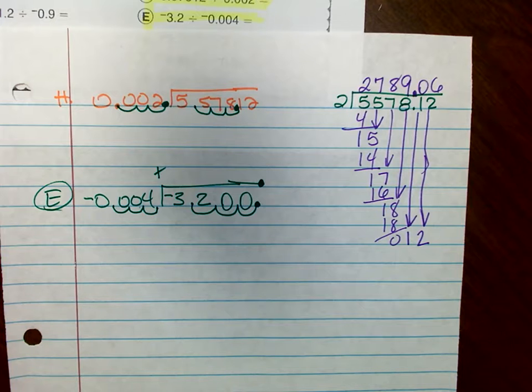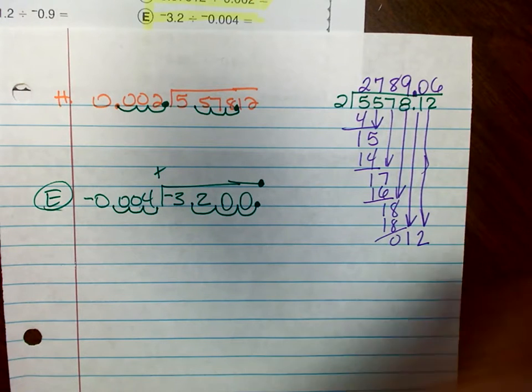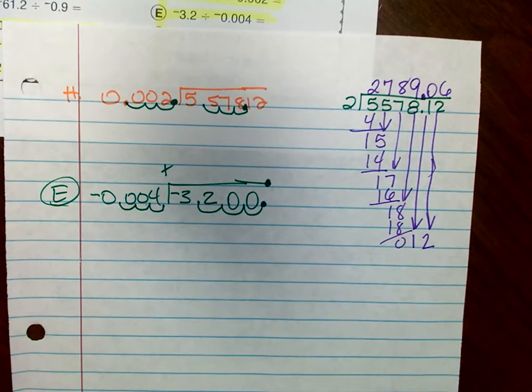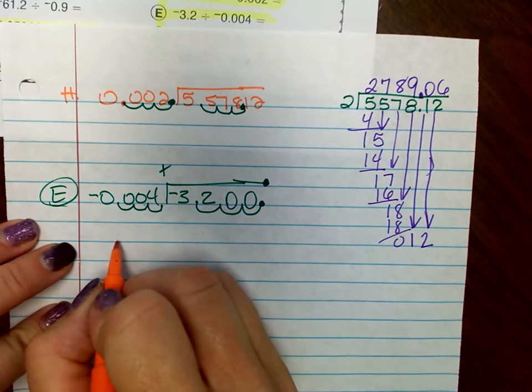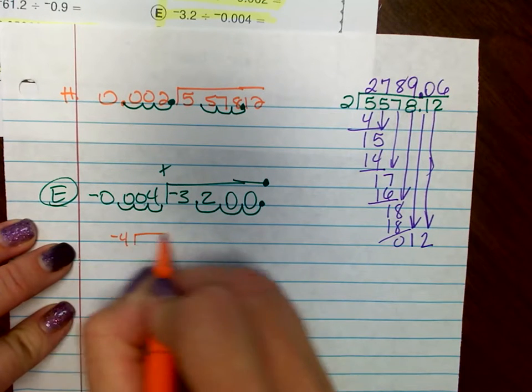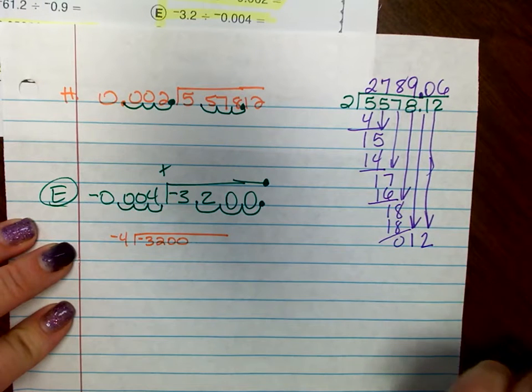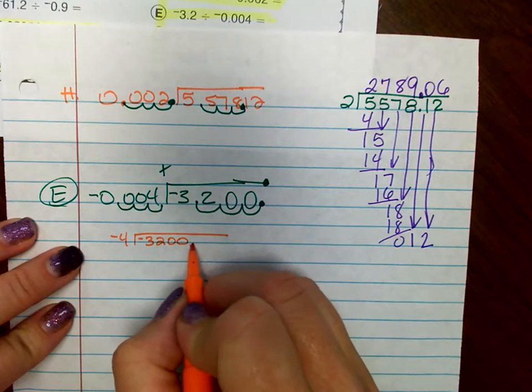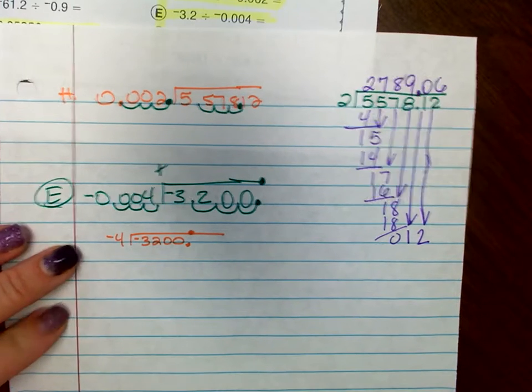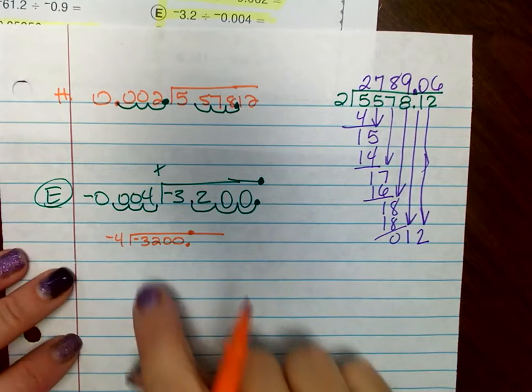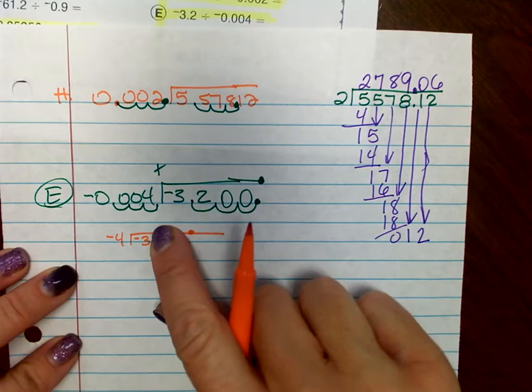Okay, we're going to rewrite it, make it look a little prettier. So you're going to have a negative 4 divided by negative 3,200. You can add your decimal there just to prove that we did it. Now then, can 4 go into 3?